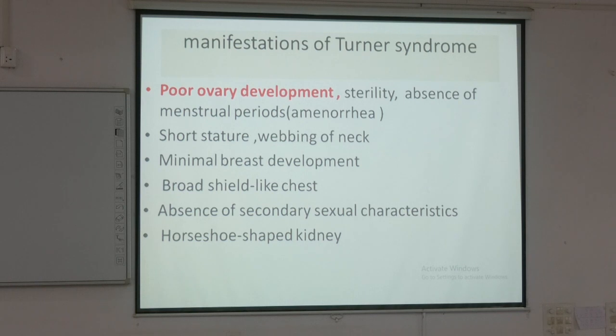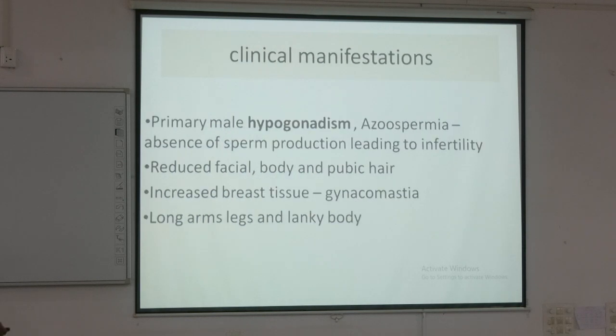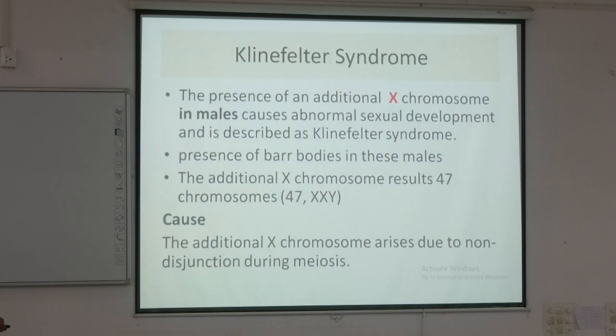Now, moving to another disease, we call it Klinefelter syndrome. Here we have one extra X chromosome in the male subjects. So, if you have 46 chromosomes and an extra X in the male subjects, we call this an extra X chromosome.